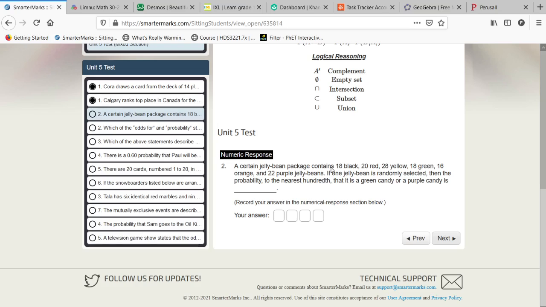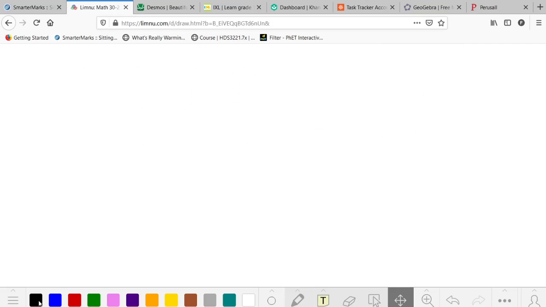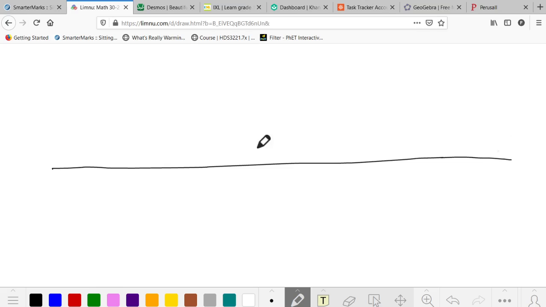So a certain jelly bean package contains 18 black, 20 red, 28 yellow, 18 green, 16 orange, and 22 purple. If one jelly bean is randomly selected, then the probability to the nearest hundredth that it is a green or purple is. So we have 18 green and 22 purple. I'm going to use a very long vinculum here. 18 green, 22 purple.